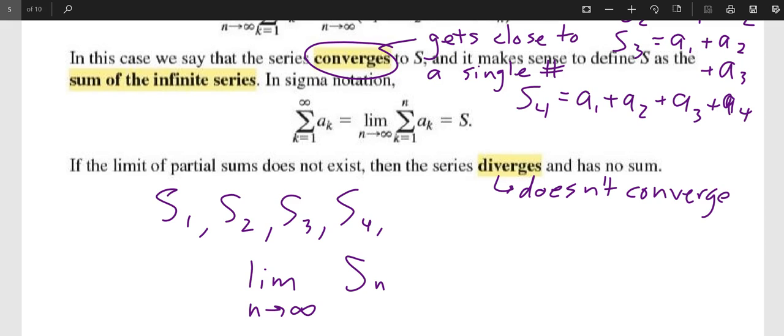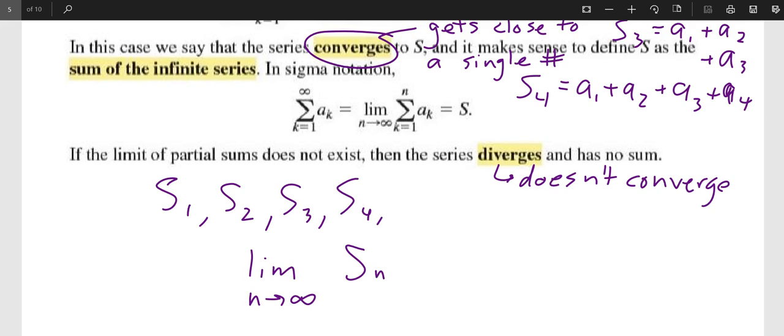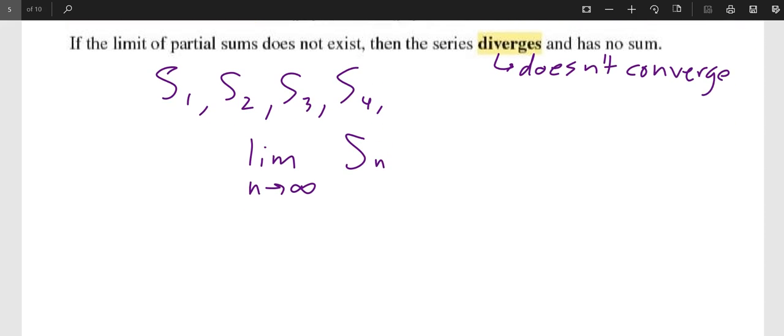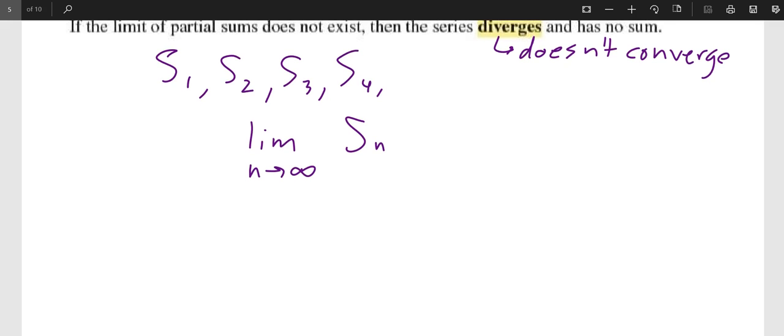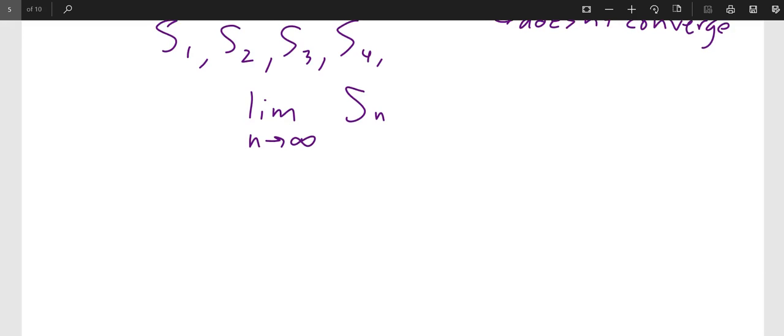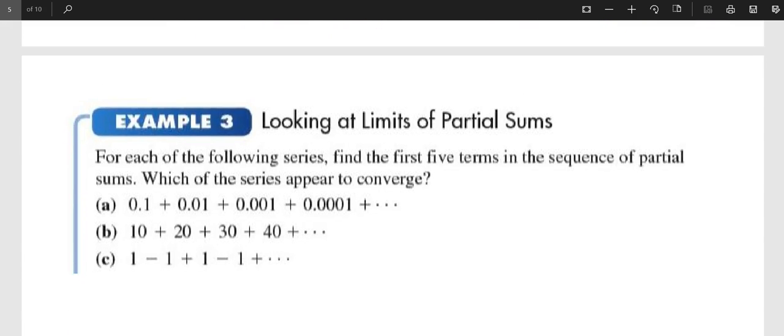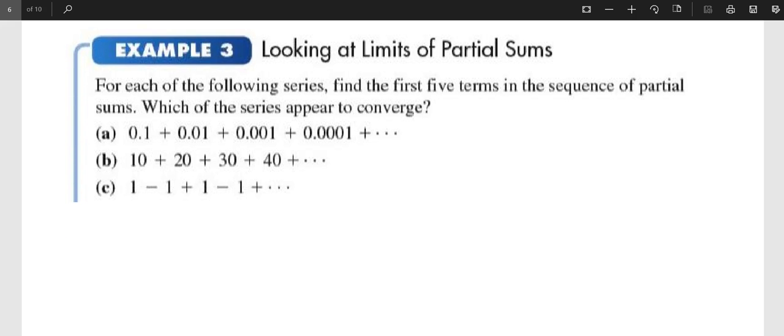If they get close to something, then the infinite series will converge. The ones we're going to focus on are the easy ones. We're going to focus on geometric ones. But in calculus, they get into ones that are kind of different. We'll look at a couple that are different.